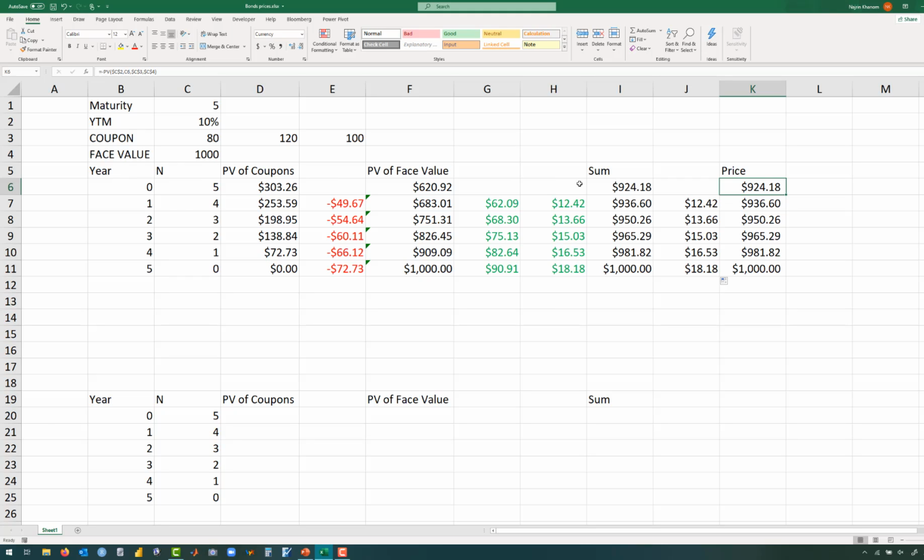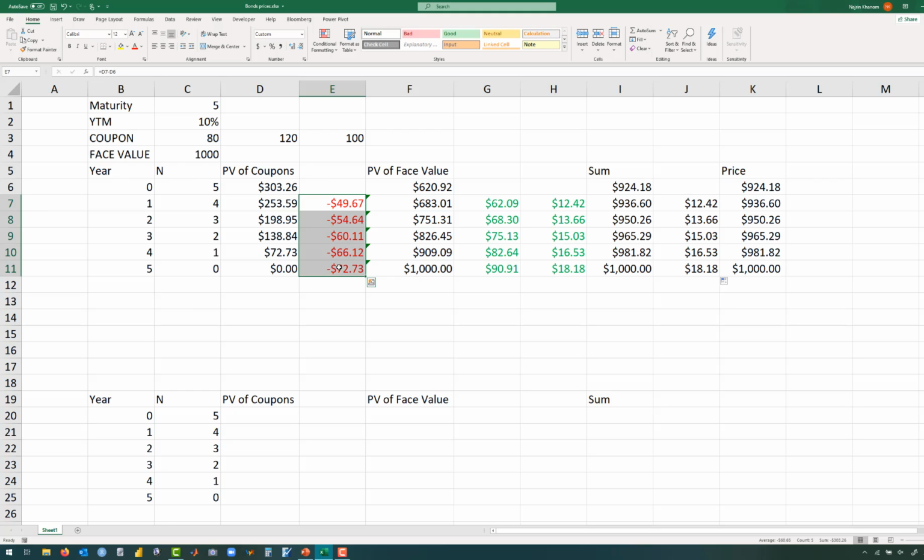So for a discount bond, the most attractive feature is the face value, paying a lower price to receive the same 1000 face value. The coupon payments are really not the major attraction. So even if we're losing coupon payments, yes, the valuation decreases, but the fact that we're getting closer to that $1,000 is a much stronger force than the loss in the coupon payment.